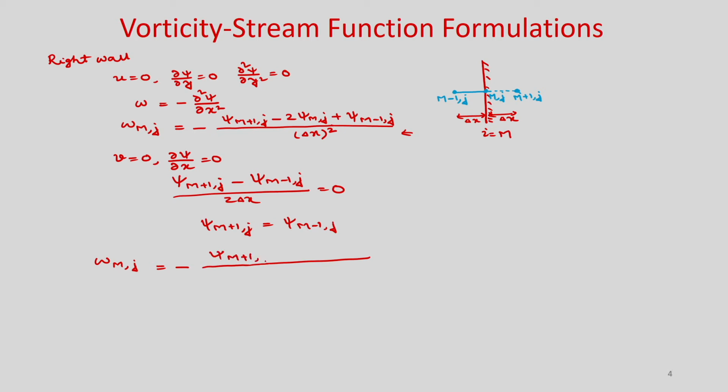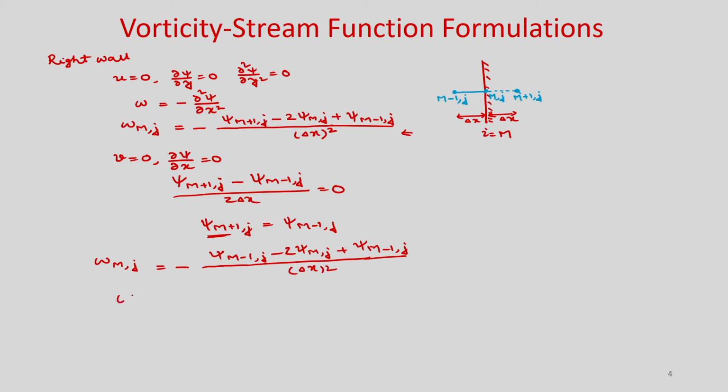so it will be psi m plus 1 j minus twice psi m j plus psi m minus 1 j, because now you are putting the value of psi m plus 1 j as psi m minus 1 j, divided by delta x square.